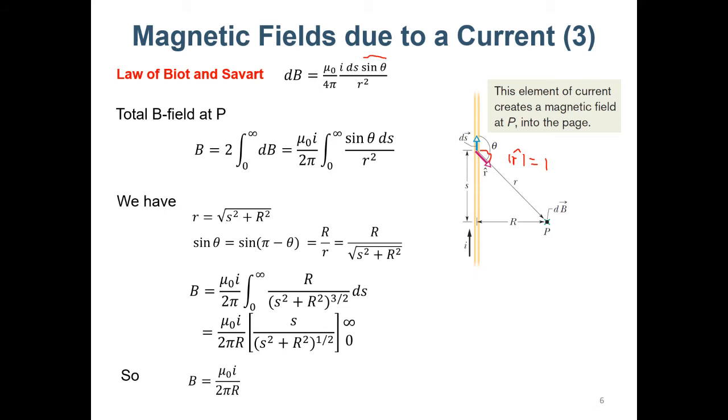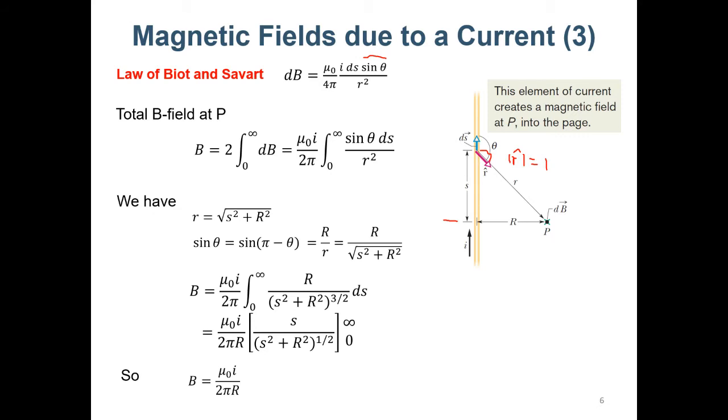R is the perpendicular distance from this wire to point P, and s is the distance from ds to this projection point. That is, projecting P onto the wire, this is the shortest distance between P and the wire, the capital R, and the distance between this projection point and ds is s.